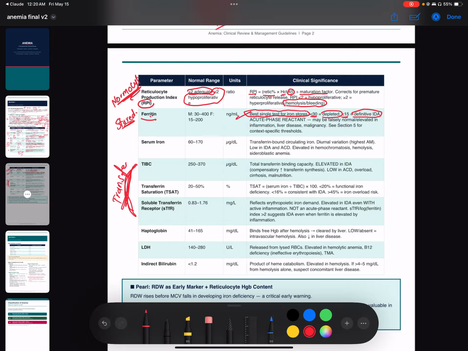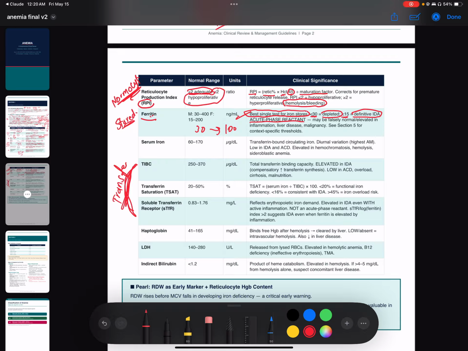Although it's the best single test for iron stores, the problem is it's an acute phase reactant. Let's say someone doesn't have inflammation, their ferritin would be 30. But if you have inflammation with iron deficiency anemia, the ferritin will increase. So you can see numbers, for example, 100, 150, etc., because the increase doesn't reflect that there is a lot of iron, it's just increased because of inflammation.